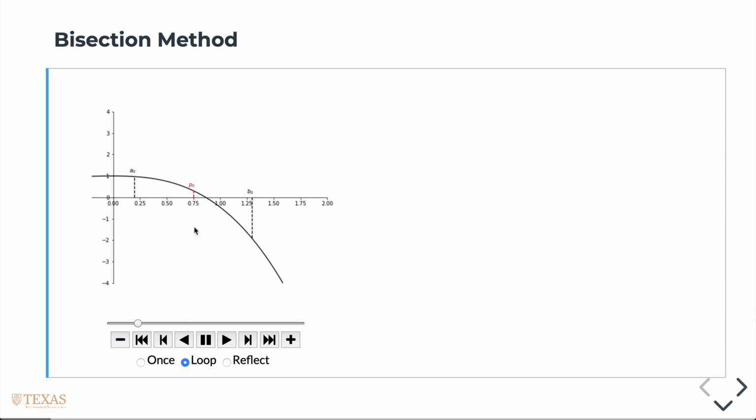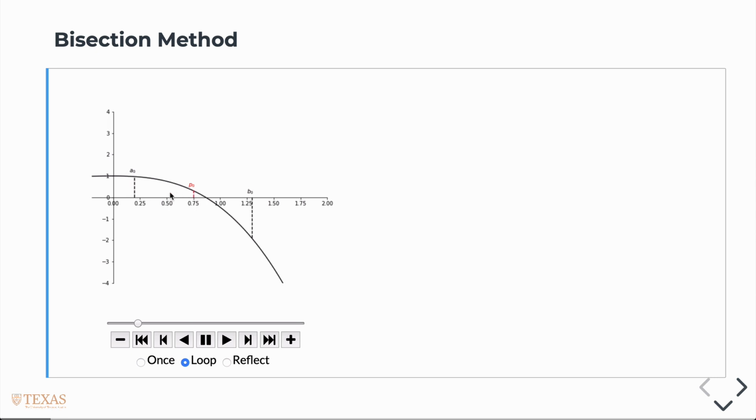what we'll do is compare the sign of P0, A0, and B0. And what we're looking for is them to have opposite signs. So if we evaluate the function at P0, you can see it's a positive number. Same thing with A0. If we evaluate the function there, it's a positive number.